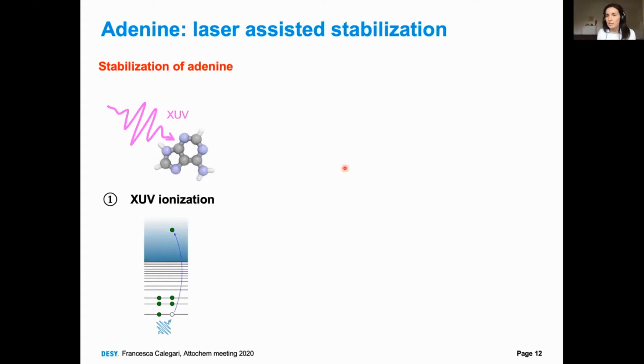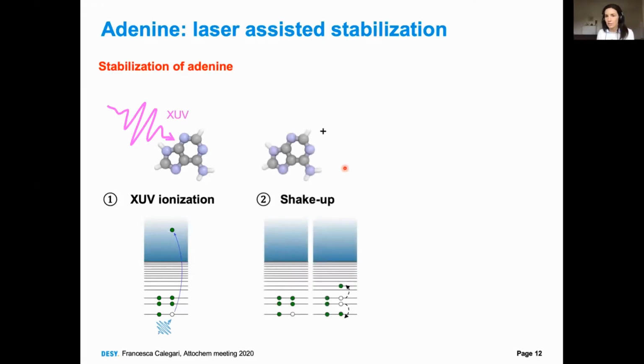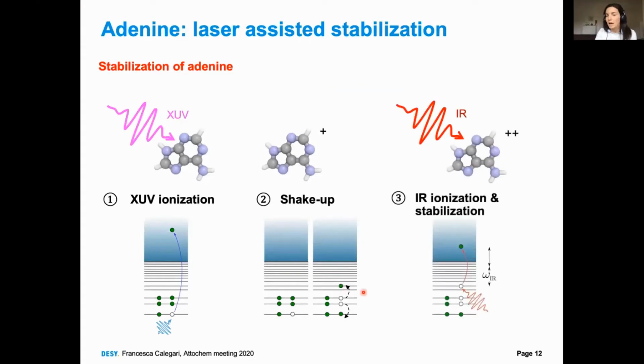When you ionize the molecule with an XUV pulse, you can involve these correlated states, and more specifically you can trigger a shake-up process, where after the XUV ionizes an electron, another electron fills the vacancy and promotes a third electron to the valence of the molecule, where our IR probe pulse can easily ionize it, creating this dication and stabilizing the molecule. So this is a mechanism based on an electronic rearrangement, which allows us to stabilize the molecule.